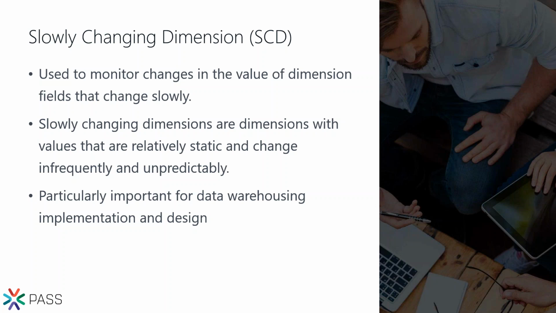The reason is dimension data should not change frequently, and that's why the industry refers to it as the slowly changing dimension approach. As we mentioned, it's a very important aspect for data warehouse implementation and design. We're going to talk about how you manage slowly changing dimensions in an efficient way in SSIS.